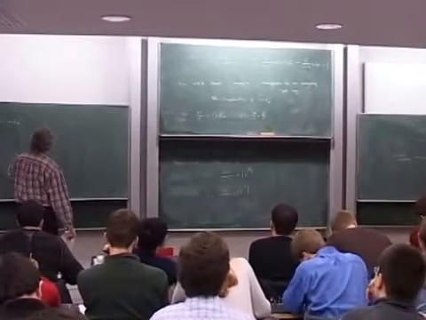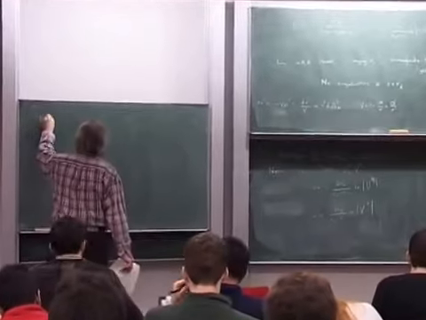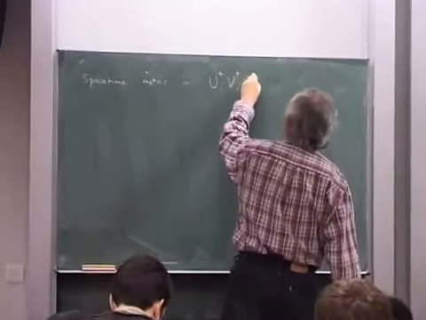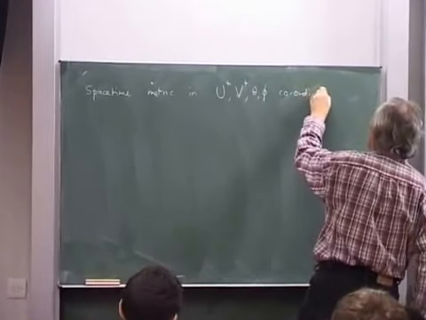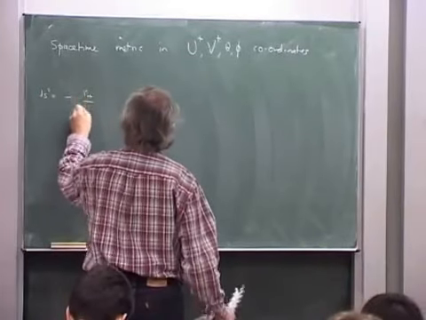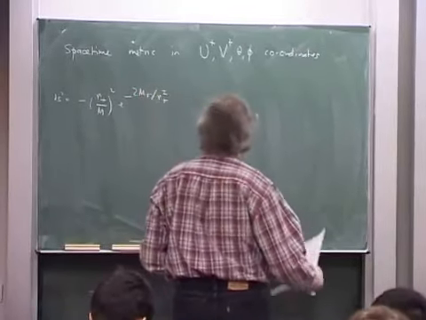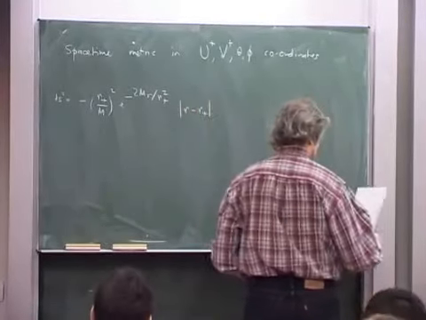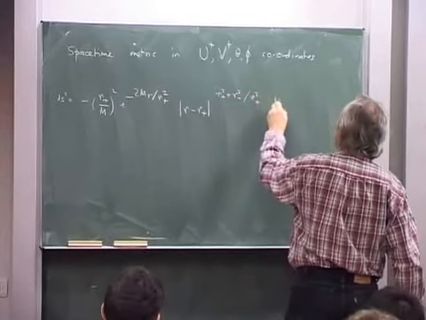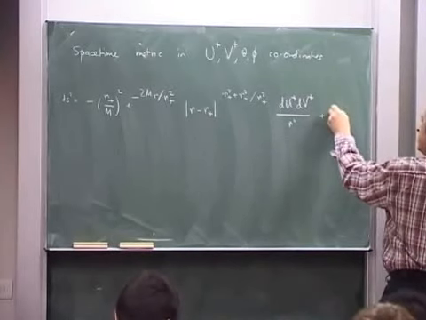In Kruskal coordinates, what happens to the space-time metric? The answer is ds squared equals minus (r plus over m) all squared e to the minus 2mr over r plus squared, the modulus of r minus r minus, to the r minus squared over r plus squared, du plus dv plus, plus r squared d omega 2 squared.